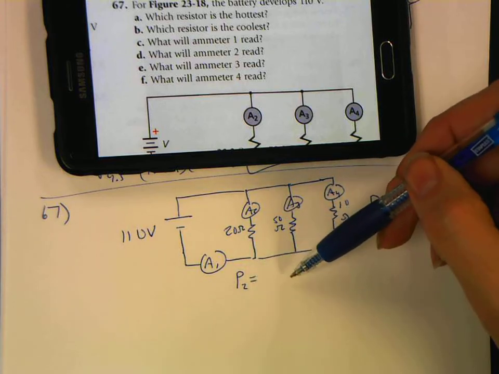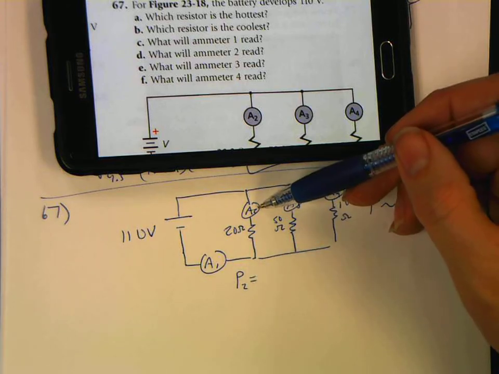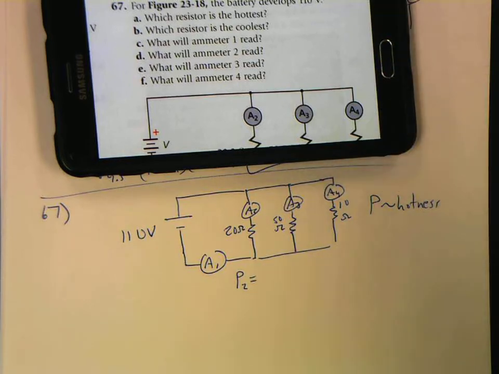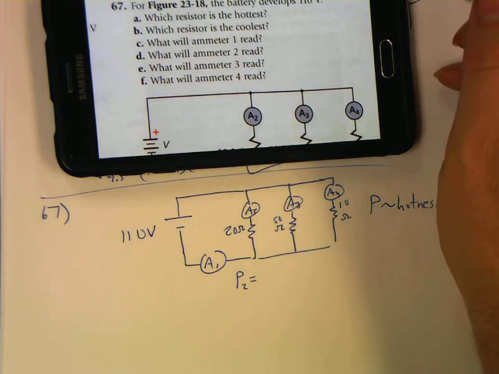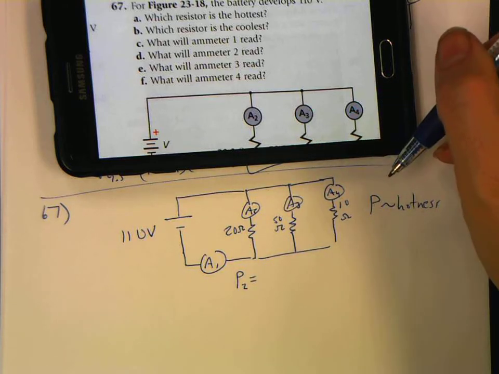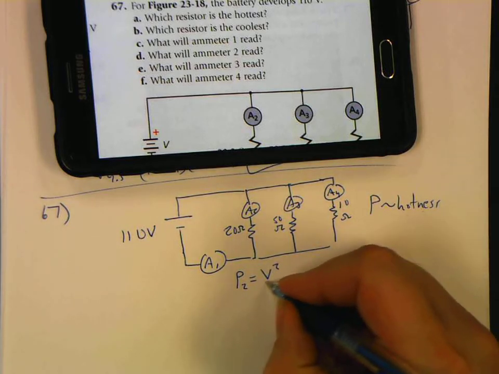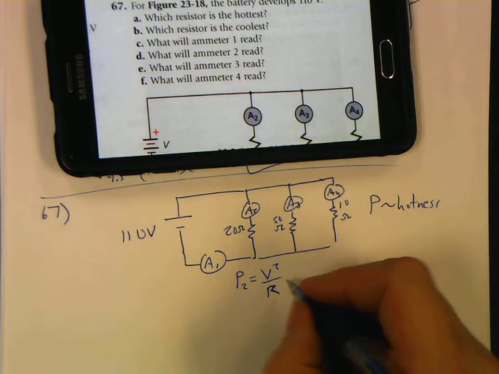Power is current times voltage. We don't know the current yet, so let's ignore that. We also have power is current squared times resistance. Again, we don't know the current, so we don't want to use that one. And the last one was power is voltage squared divided by resistance. This one we can totally do.